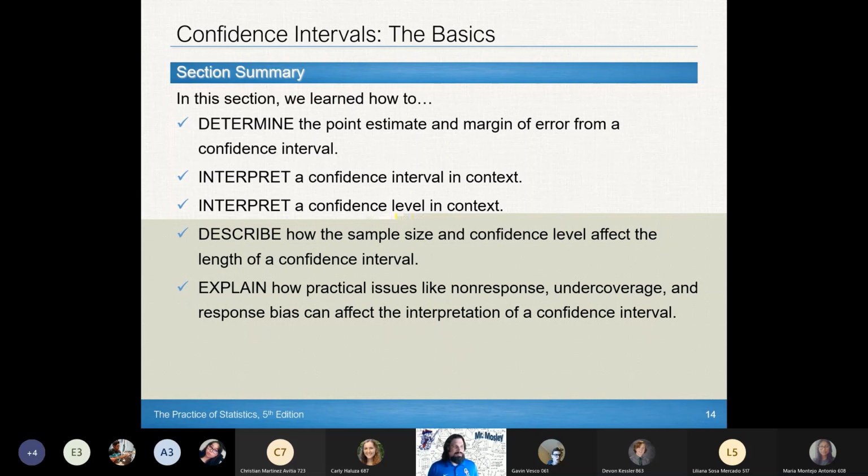We can describe how the sample size and confidence level affect the length of a confidence interval, like the size or width of the interval. A larger sample size makes it shrink. A larger confidence level makes it expand. We can explain how practical issues like non-response, undercoverage, and response bias can affect the interpretation of a confidence interval. Those are things that must be considered outside our margin of error.